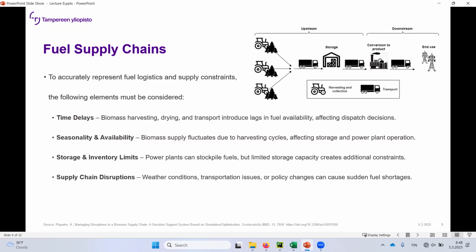So supply chain disruptions also, weather conditions, transportation issues, and policy changes, as in Finland you have seen, can cause sudden fuel shortages. And fuel quality varies. Hard word in English. So there's going to be changes in, for example, the heating value.